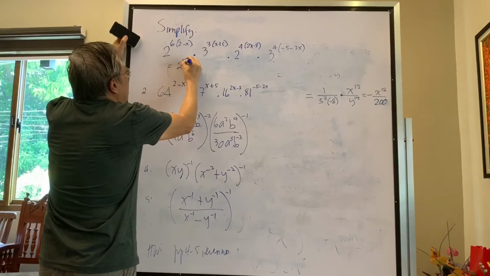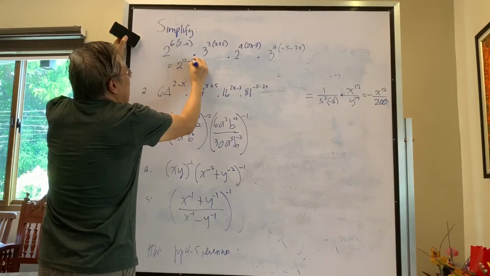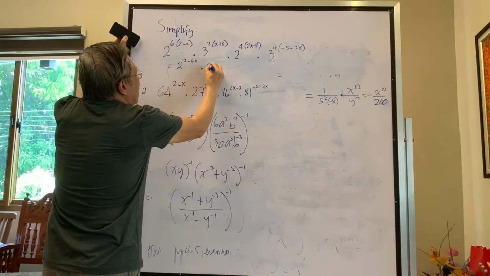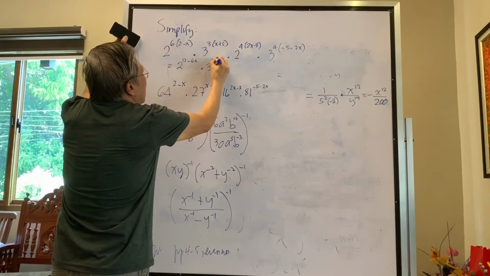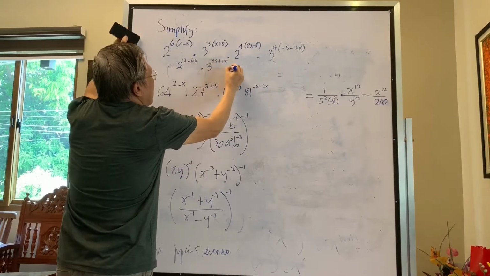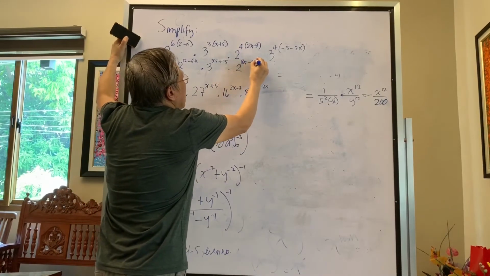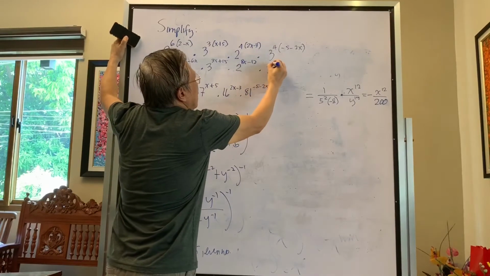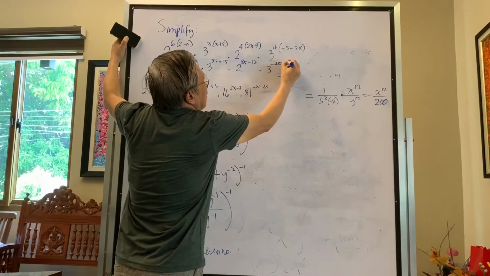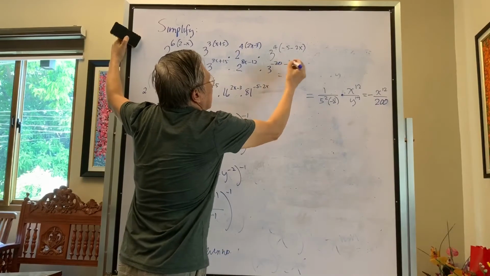6 times 2 is 12 minus 6x, times 3 to the 3x plus 15, and then this is 2 to the 8x minus 12 times 3 to the negative 20 minus 8x.